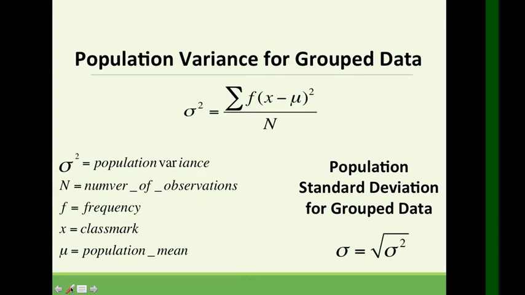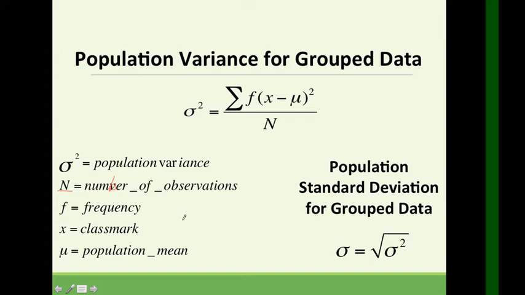Okay? Wherein yung n naman, ito yung, I'm sorry for this, this is number. Number of observations. Okay? F is the frequency, X is class mark, and mu is the population mean. Okay? So, later on, we will identify kung paano ba gawin itong process na ito.